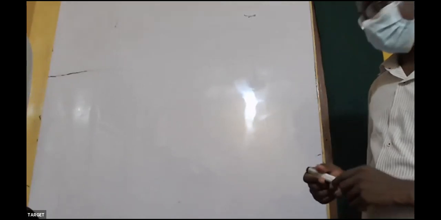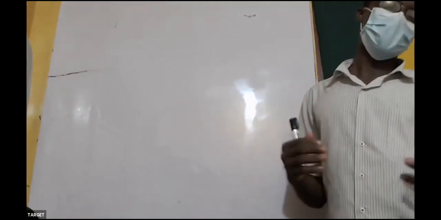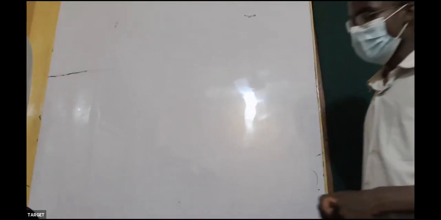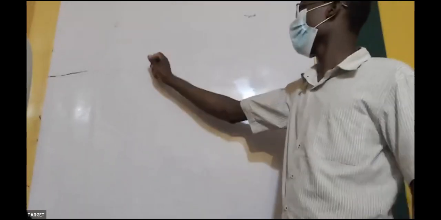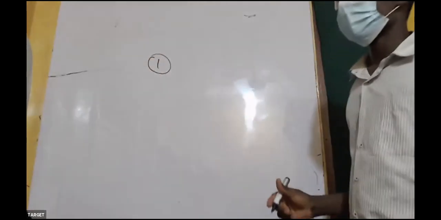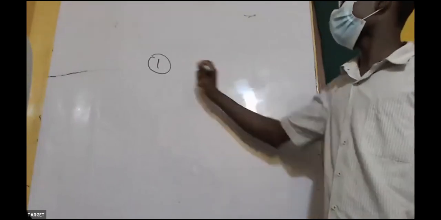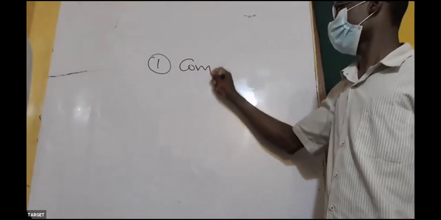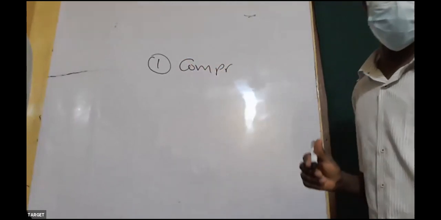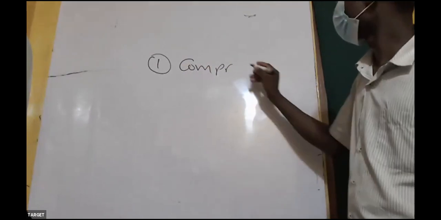To start with, what are the financial statements that we can prepare consolidation for, or we can consolidate? One, we can consolidate the comprehensive income. Each and every one has its own methods.